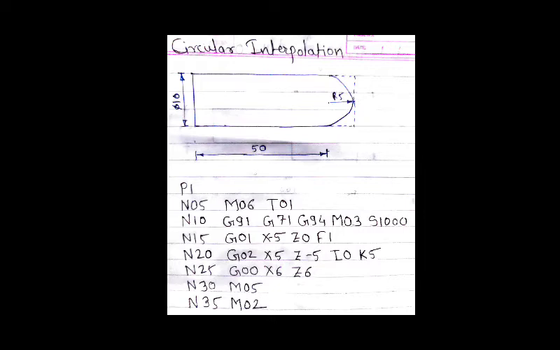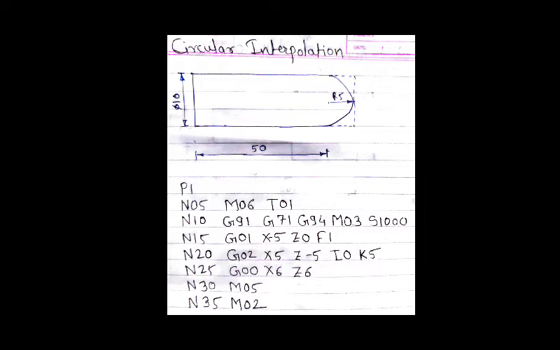Before the next block N20, I want to tell you one thing: in this example the horizontal axis is the Z axis, the vertical axis is the X axis, and the Y axis is neglected. Now let us come back to our next block.